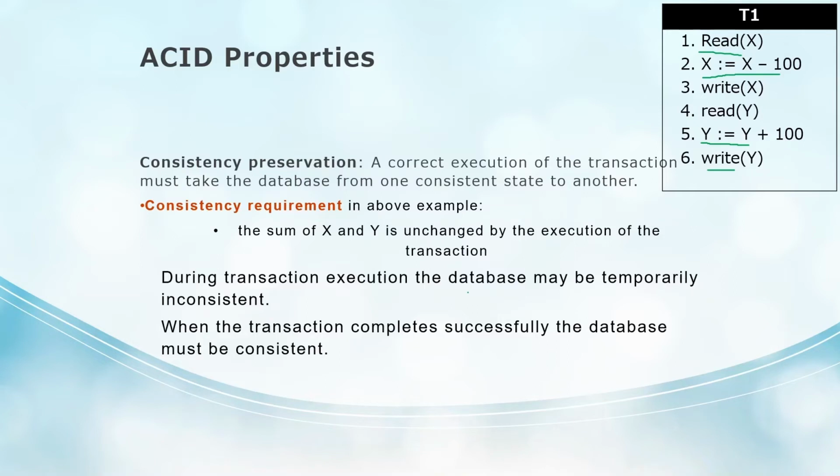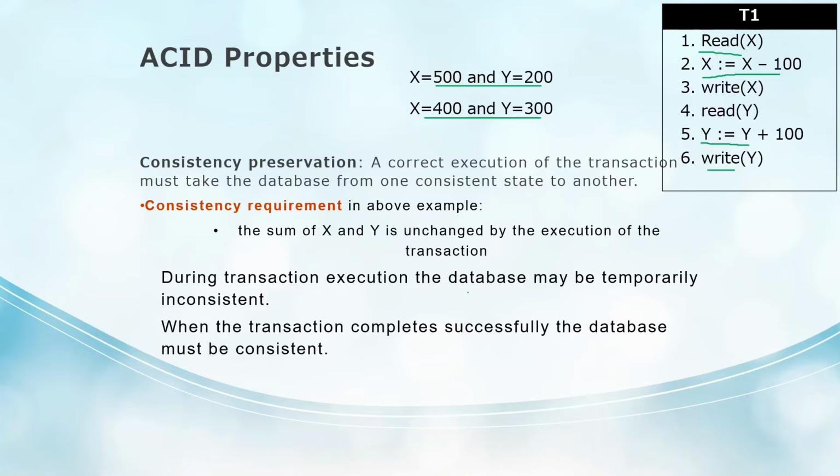That means the sum of X plus Y before the transaction must be the same after the transaction. Let's say the value of X is 500 and Y is 200. Then if the complete instructions execute properly, we have X equal to 400 and Y equal to 300, because we are transferring 100 rupees from X to Y. This is consistent, because 500 plus 200 is 700, and also 400 plus 300 is 700.